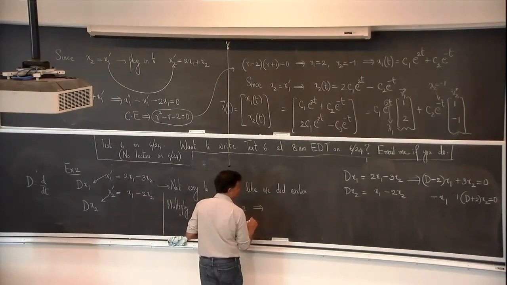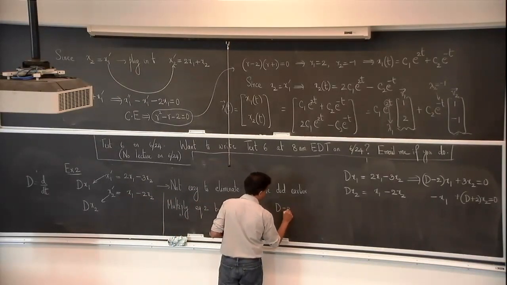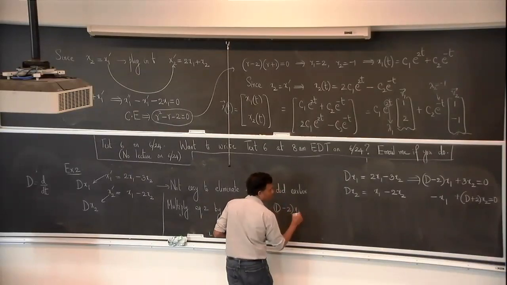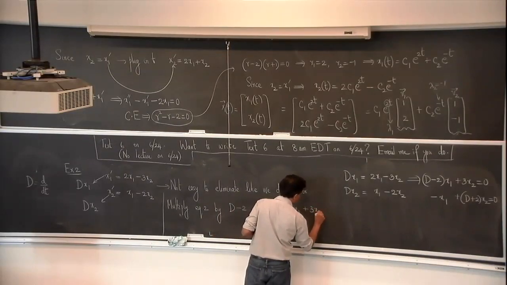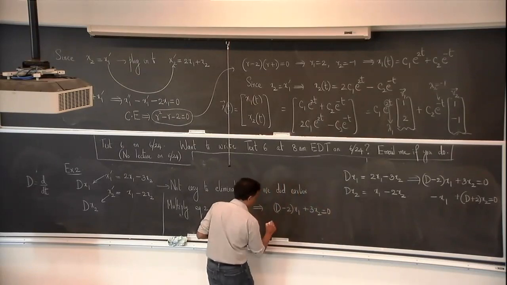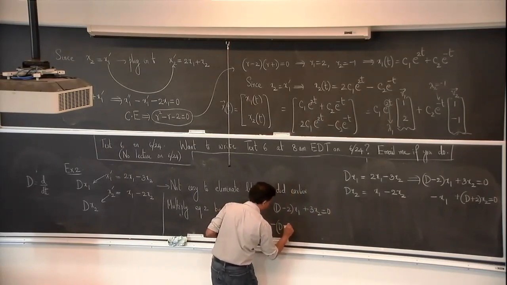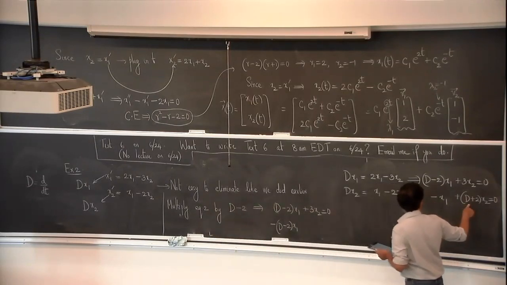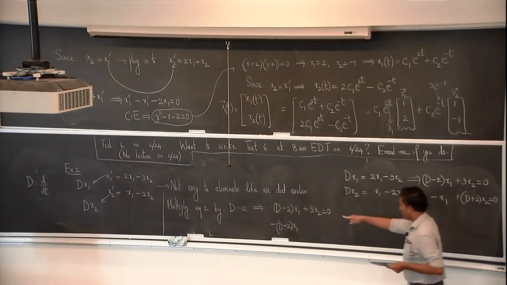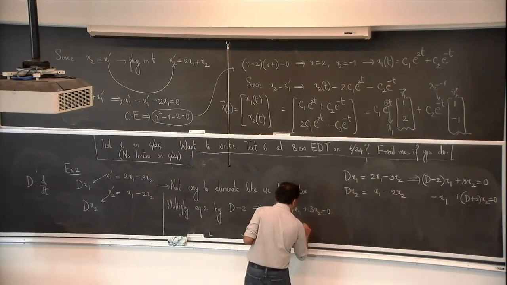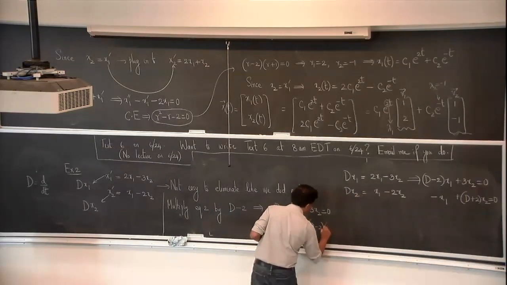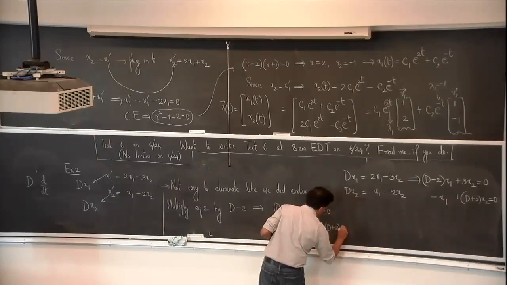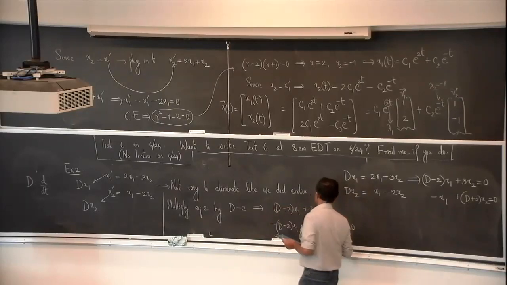So the system looks like this now: D minus 2 x1 plus 3x2 equal to 0. The second equation looks like this: minus of D minus 2 x1 plus D minus 2 times D plus 2 x2 equal to 0.